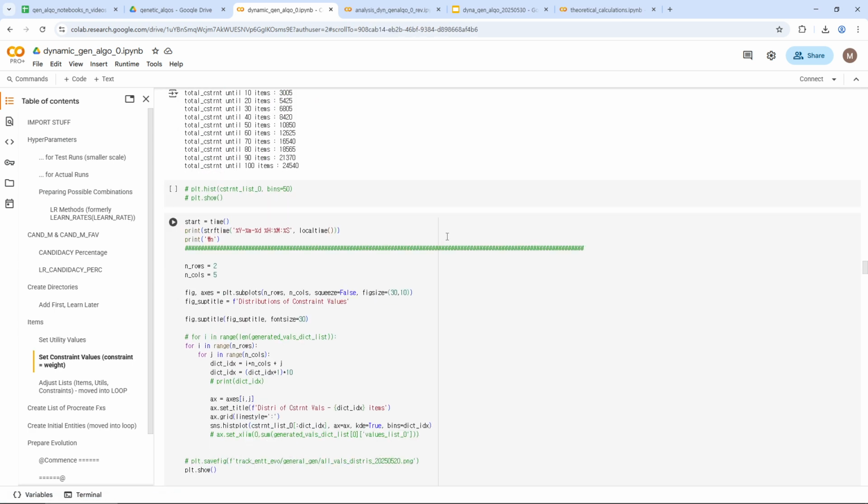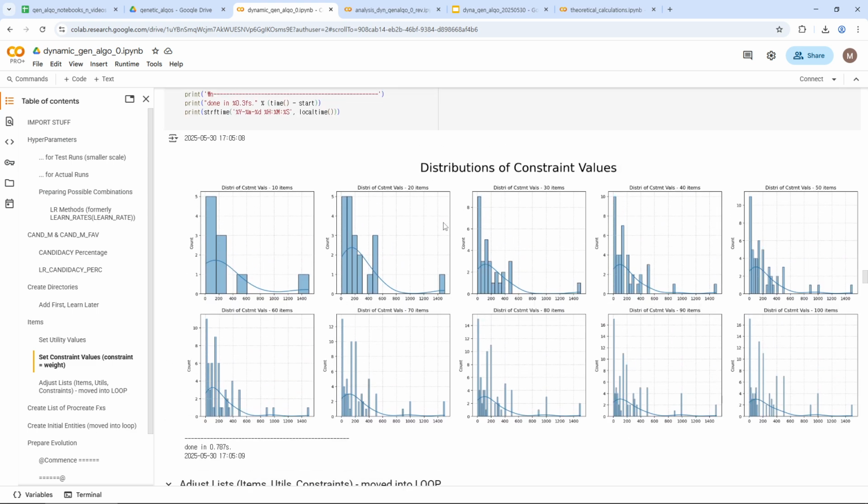And here are the distributions for the same thing, but for constraint values. And even here, I must confess that everything, even the first 50 items, were arbitrary. They're not actually random, but I made them up according to my own preference and to how useful I found them.